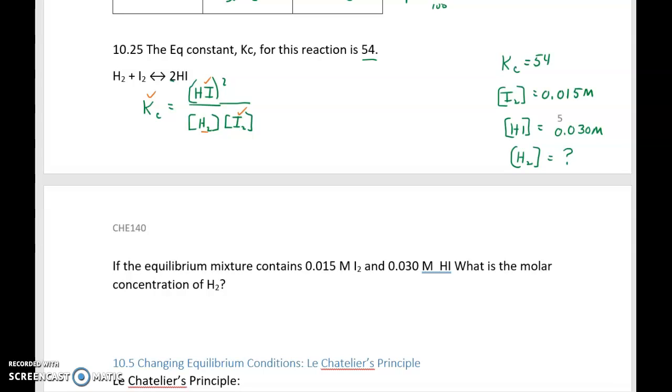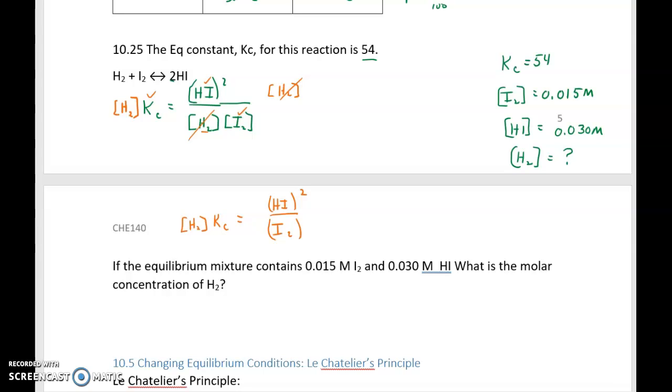So I have an equation with only one unknown. I'm going to multiply both sides by hydrogen. That's going to get my hydrogen out of the bottom here. I'll be able to cancel it on this side, and then I've got the hydrogen concentration times the equilibrium constant equal to the hydrogen iodide concentration squared divided by the iodine concentration, and that was supposed to be squared. Don't want to leave that out.